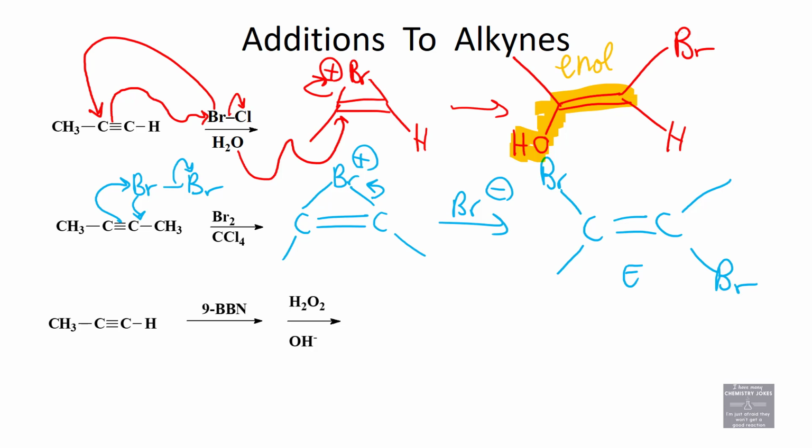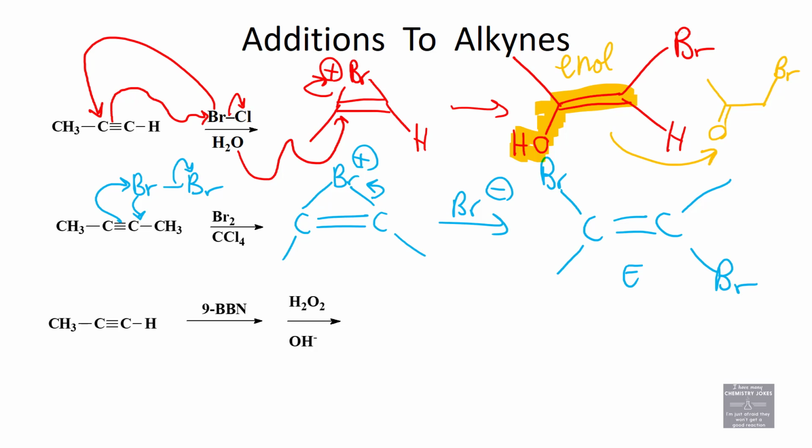Tautomerize. That enol will tautomerize to become, oh my, this ketone. We'll draw a tautomerization step one day, but not quite yet. You can look it up in your textbook in the meantime.